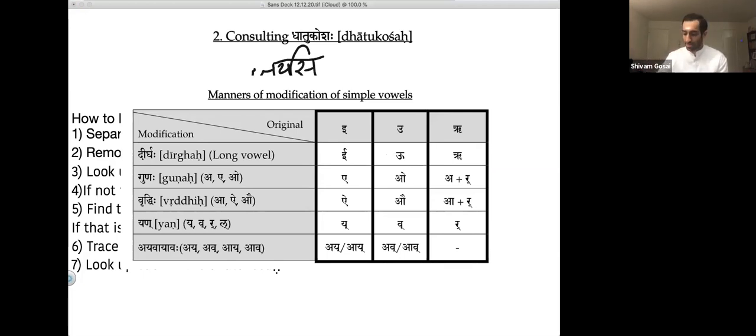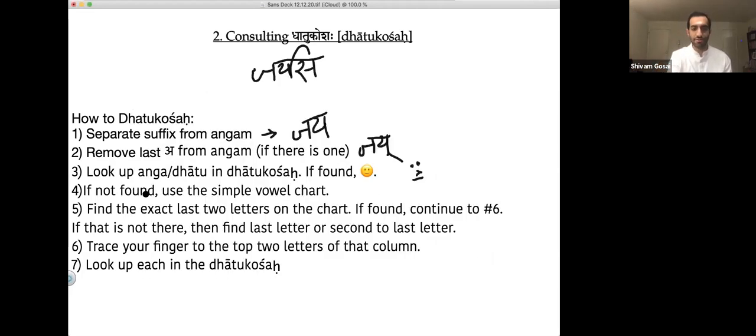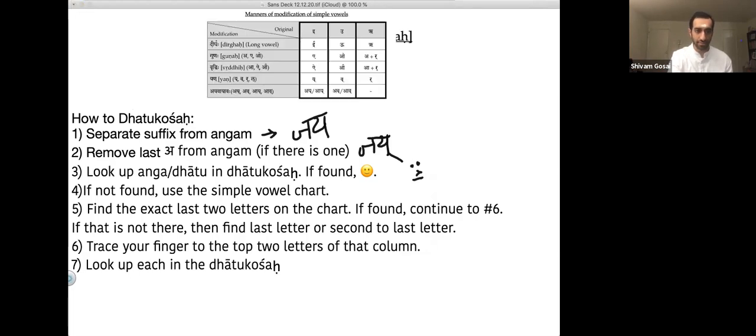If we can't find that anga or dhatu in the dhatu kosha, then we need to use this chart. If we can find it, then we don't need to use this chart. So number 4 is if not found, use the simple vowel chart. I put it small at the top here, but you should have it big on your page 35.